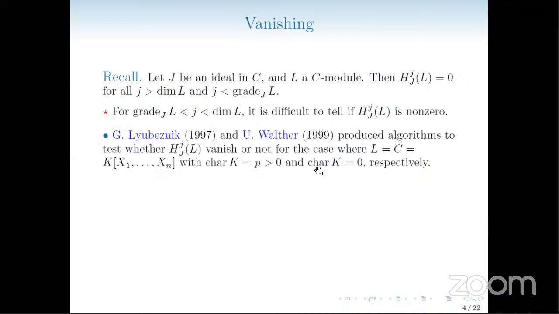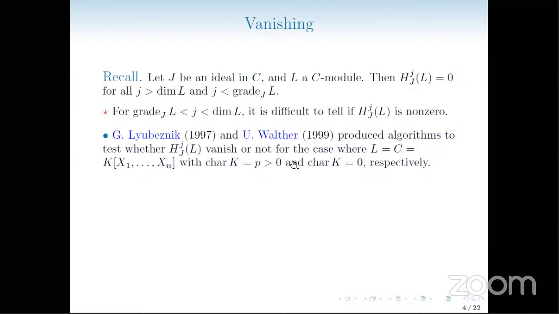Lyubeznik and Walther produced two different algorithms to test whether this local cohomology module vanishes when both L and C are polynomial rings in n variables, in prime characteristic and characteristic 0 respectively.